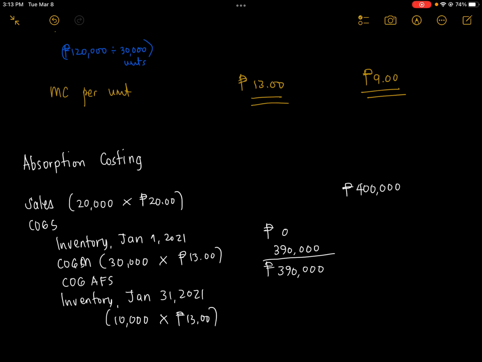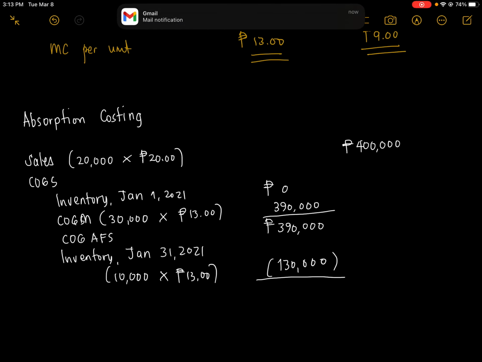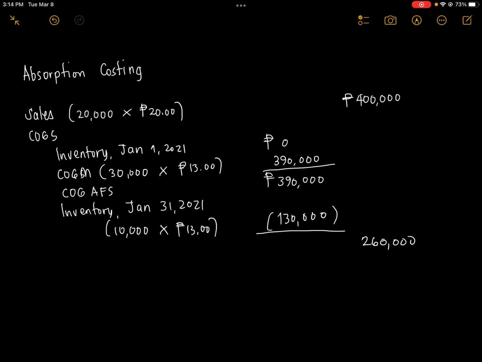It will give you a value of 130,000, so we deduct that. You have a total here of 260,000. That is your cost of goods sold, representing the 20,000 units sold multiplied by the unit cost of 13 pesos.